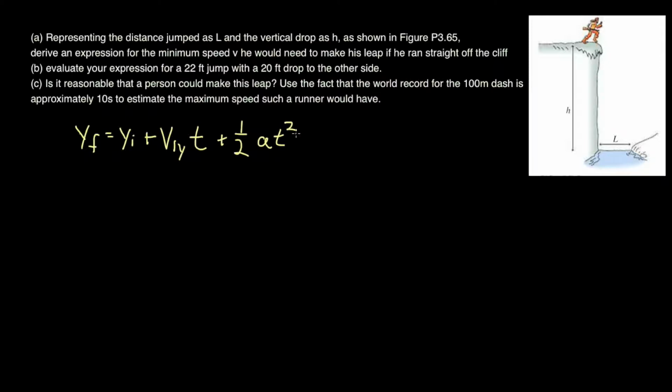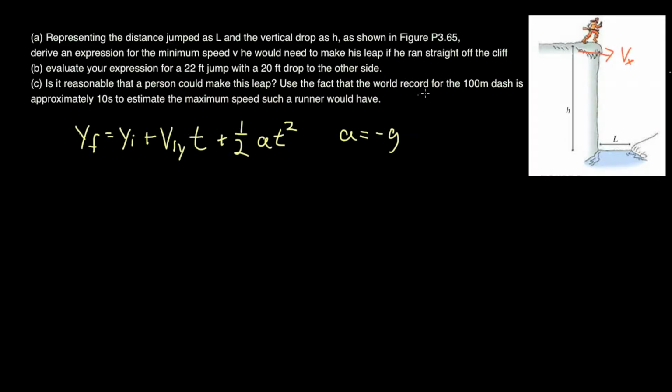And if you remember from the previous problem, the acceleration in the y direction is just going to be gravity. So acceleration is equal to negative g. And we're asked to find an expression for the initial velocity in the x direction, so moving this way. So we're asked to find v_x.